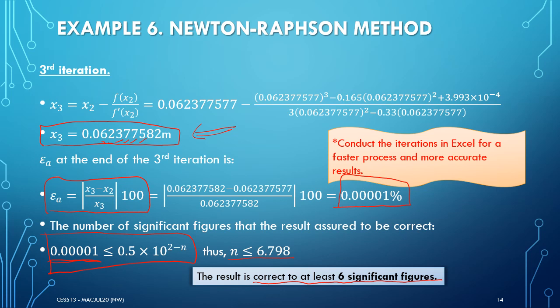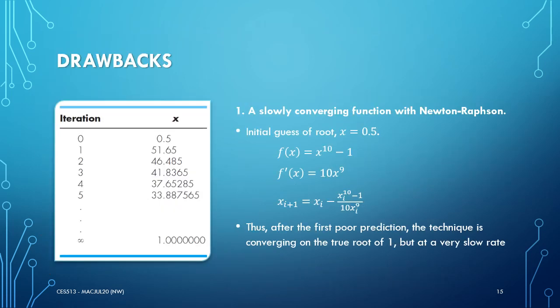To get more accurate results or a faster process, you can conduct these iterations using Excel. The Newton-Raphson method also has drawbacks or disadvantages.